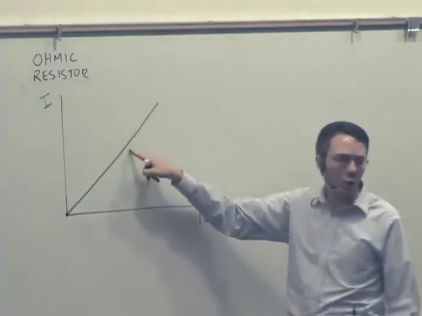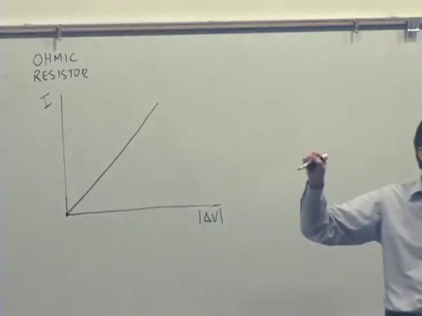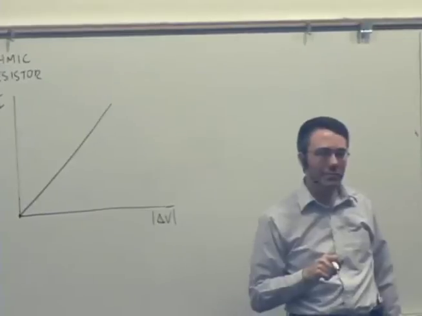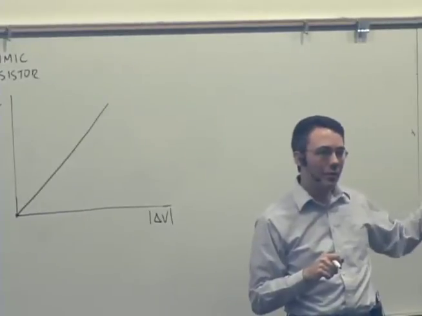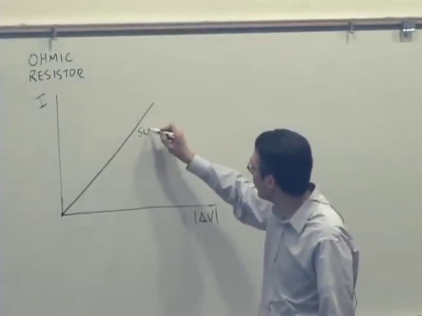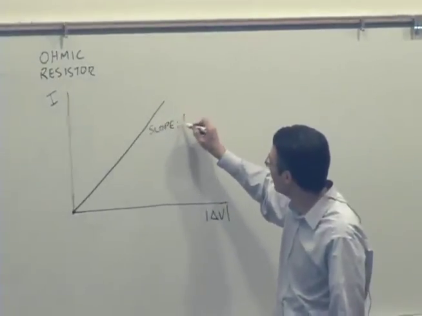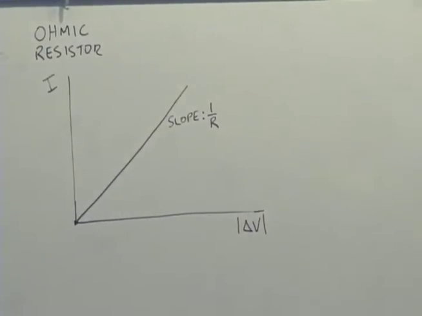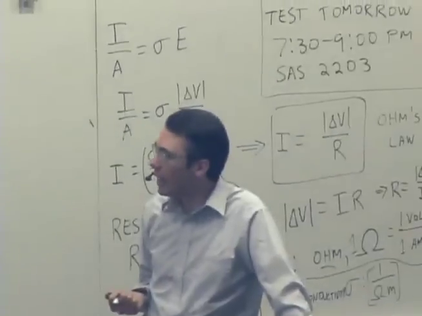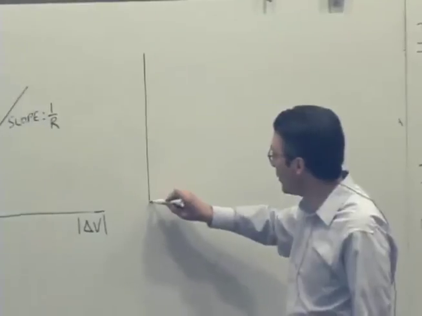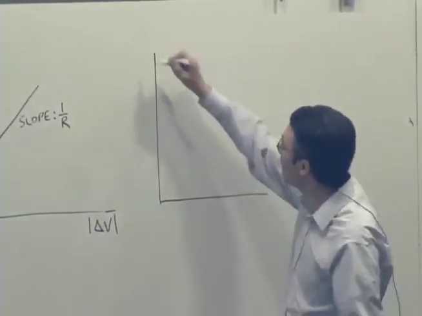And the slope of this is what? Not R. If I is equal to delta V times, should be 1 over R, right? So the slope here is 1 over R. Okay, so that's an ohmic resistor. But it's very important to know that not everything is ohmic, okay? And in fact, for most materials, what you would find is that there's going to be some limit to this behavior.